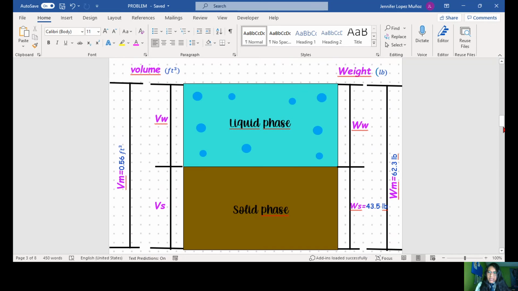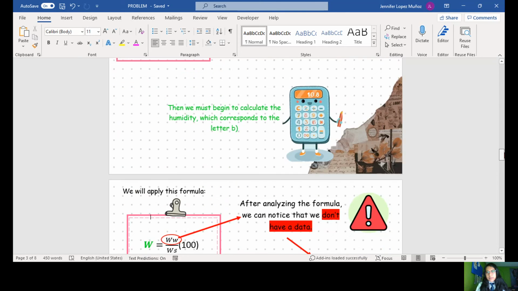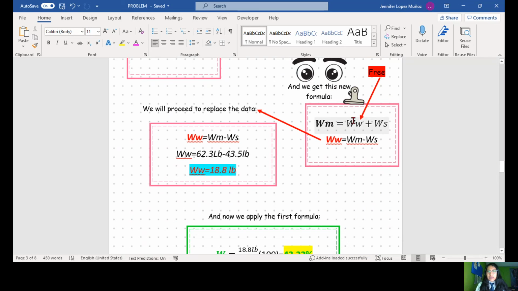Sample weight equals the water weight plus the solid weight. This is the formula.